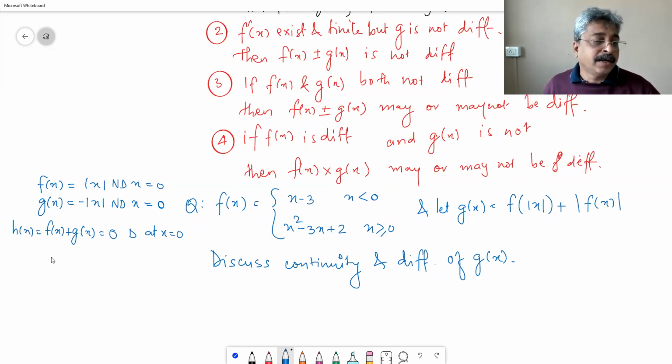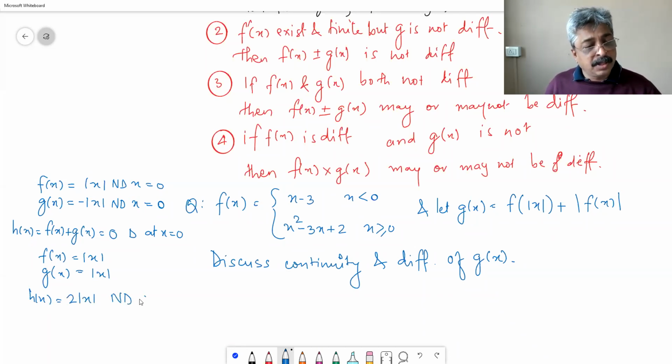Okay, and f of x, same, mod x. G of x, same, mod x. So h of x is 2 times mod x, not differentiable at x is equal to 0.